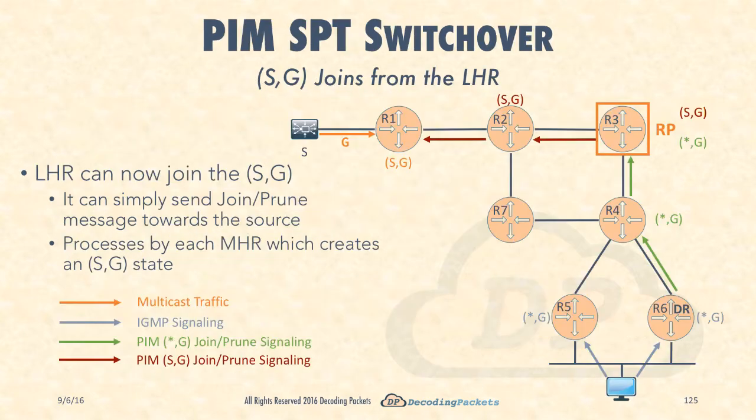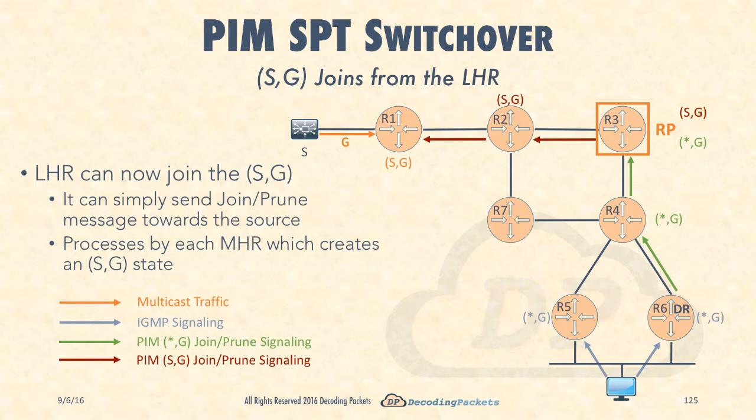This is the same completed scenario that we have looked at a couple of times before in the previous 2 or 3 lectures. And ultimately what's happening here is that the S comma G tree is complete from the RP, which is R3 in our topology, and from the RP or R3 to R1 or the FHR, the S comma G tree is complete.